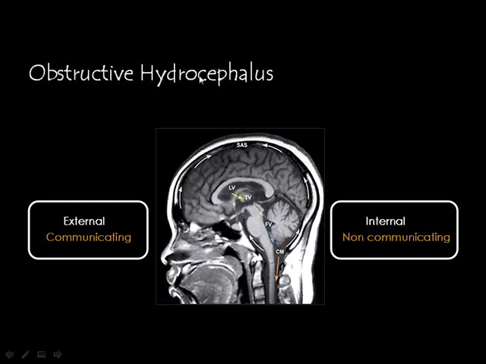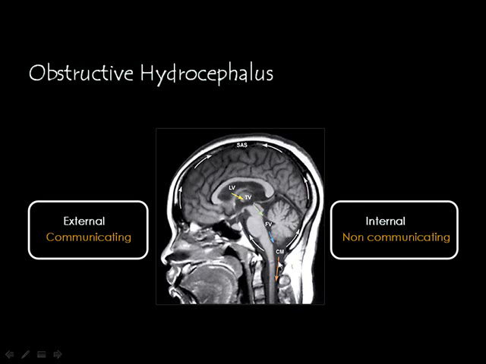Then the obstructive hydrocephalus is further subdivided into two major entities, what we call the communicating hydrocephalus and the non-communicating hydrocephalus. In cases of the communicating hydrocephalus, the obstruction will occur after the outlet foramina of the fourth ventricle.